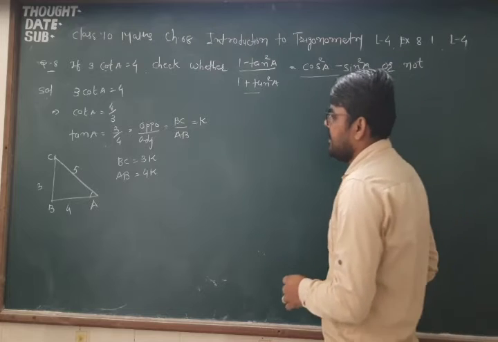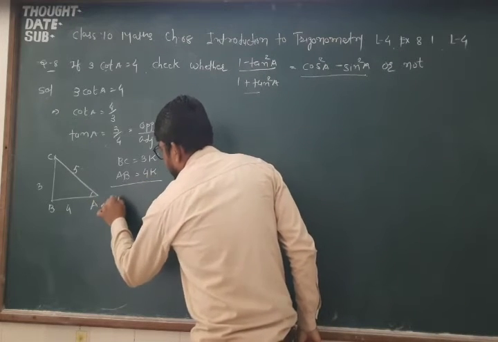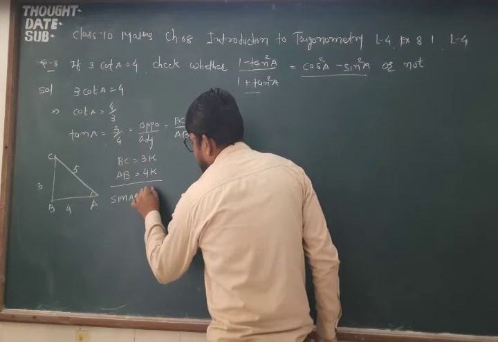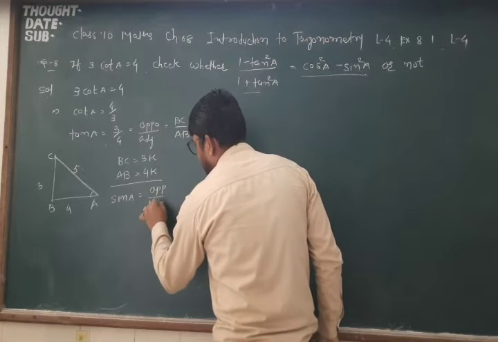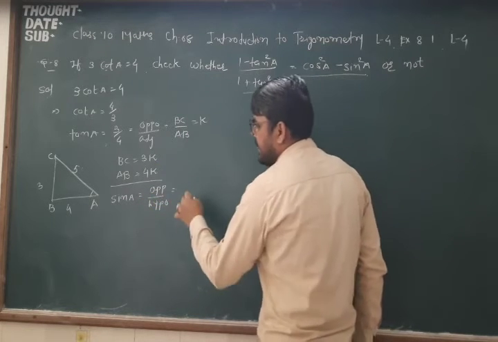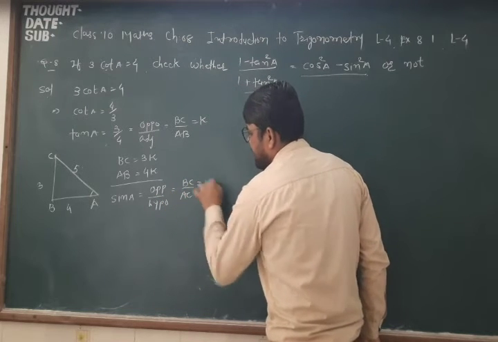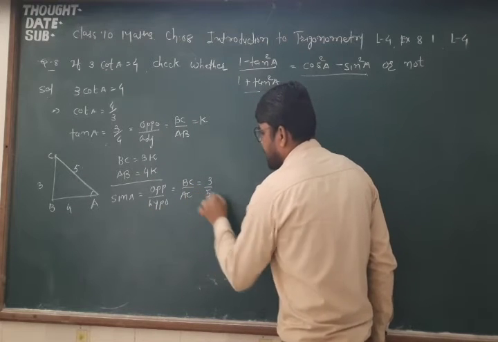Okay, then what is sin A? Sin A is nothing but opposite by hypotenuse. Opposite will be BC, and hypotenuse will be AC. Then BC means 3, and hypotenuse will be 5.